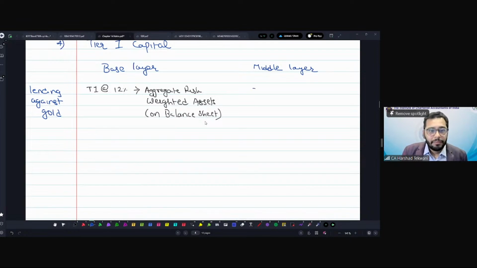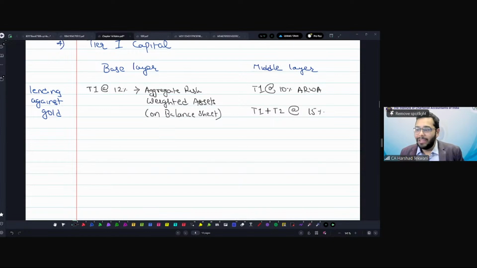So tier 1 at the rate of 10% again of this aggregate risk weighted assets. And T1 plus T2 should be at the rate of 15% minimum for middle layer. So that is the requirement for your middle layer and base layer.